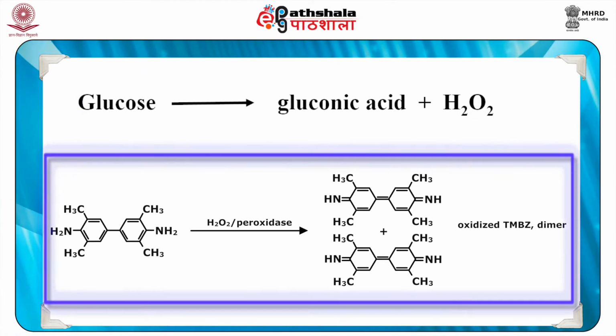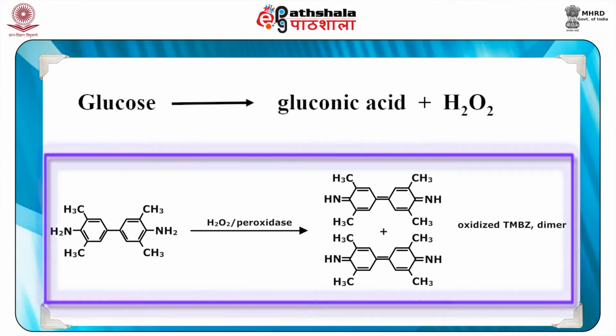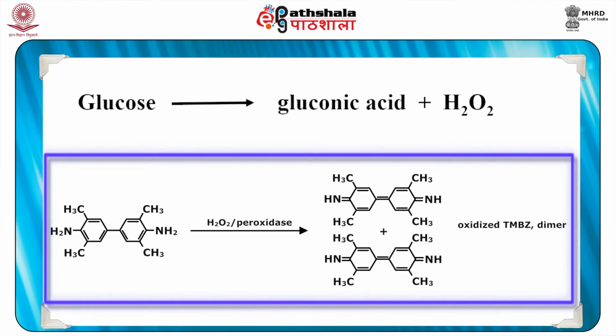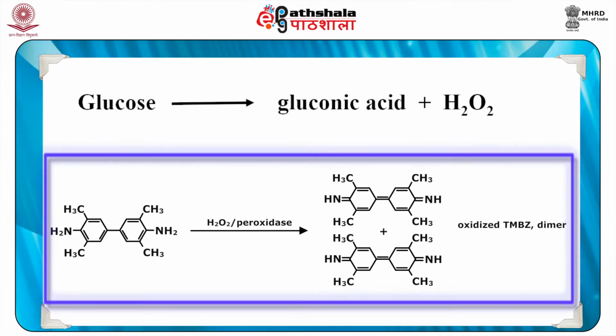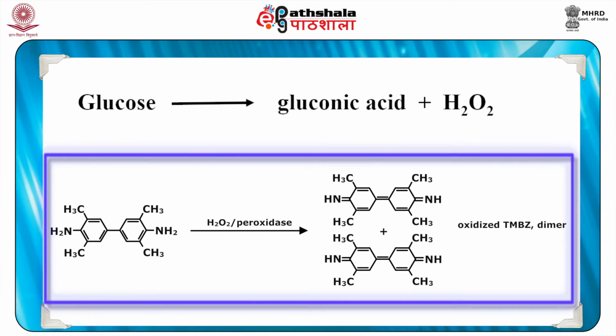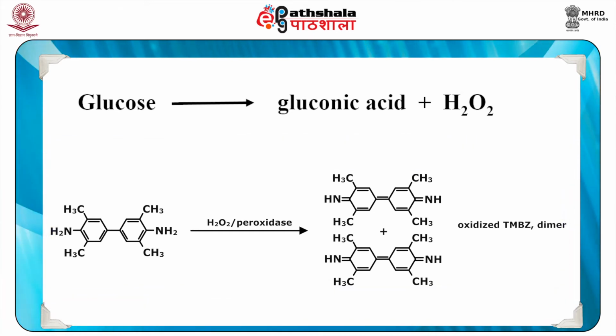Reaction 2, which is coupled to the first reaction, is the breakdown of hydrogen peroxide by the enzyme peroxidase, which then oxidizes TMBZ into a dimer, which then has a blue color. So, the monitoring of the blue color spectrophotometrically is an indicator for the progress of a reaction utilizing glucose.